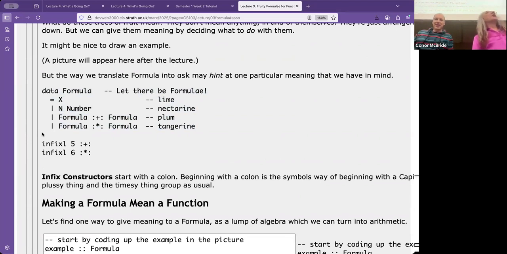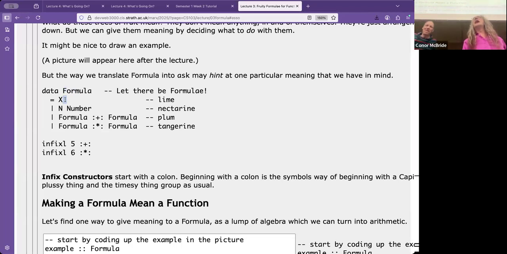Just as before, when we say data, the next word is the name of a type that we are inventing. So I am inventing a new type of thing called a formula. And here's how you can make a formula.